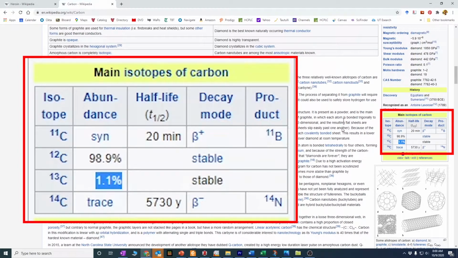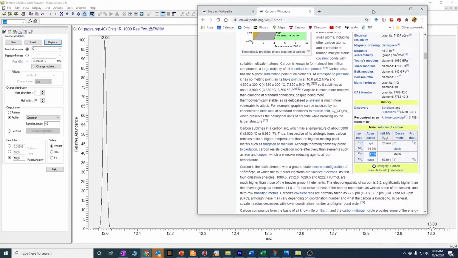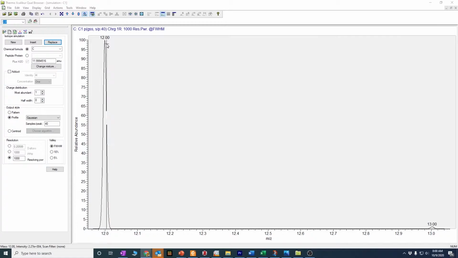So we see that in the mass spectrum. When we look at the mass spectrum, we see that there's this big guy right here, and then about 1% of that peak is this. And we can actually very specifically look at the ratio of this 12 to 13. We're going to do that with the next ion source we look at.